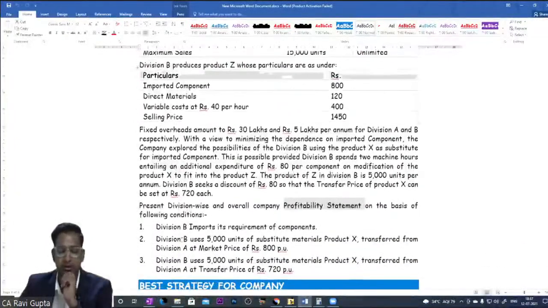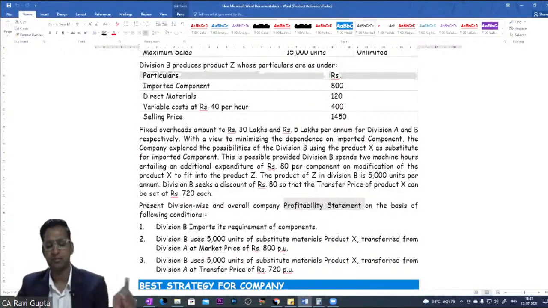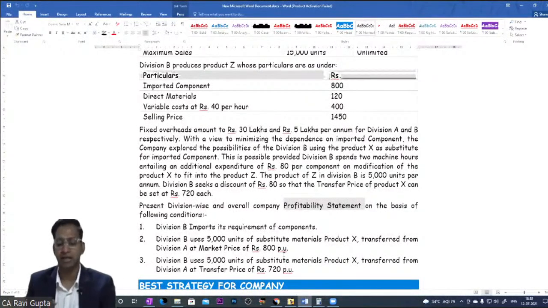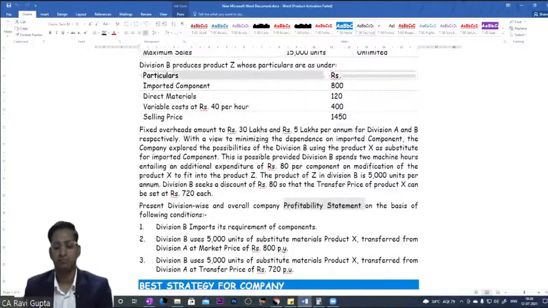This second part: Division B uses 5,000 units of a substitute material product X transferred from division A at a market price of rupees 800. See, this has been very clearly given in this question that we will be transferring 5,000 units at 800 rupees market price.